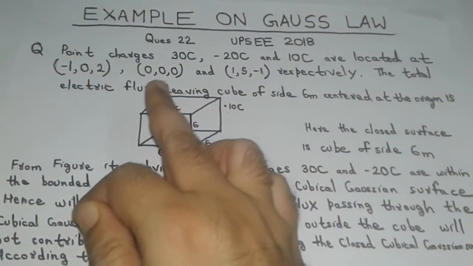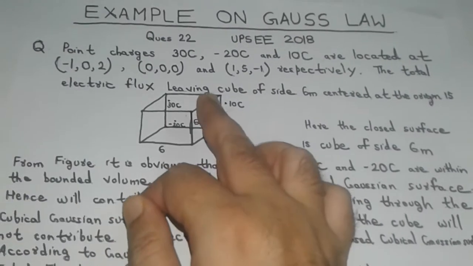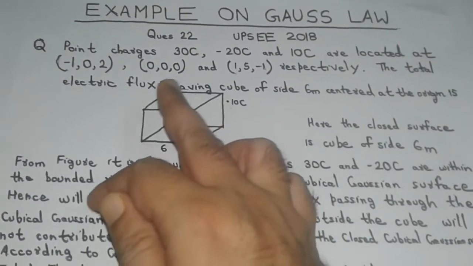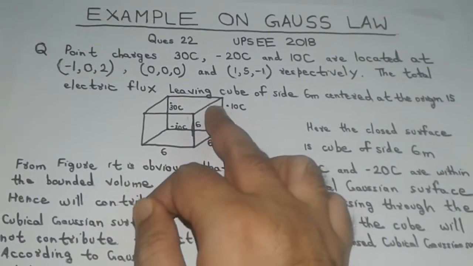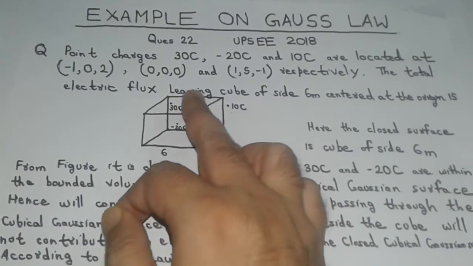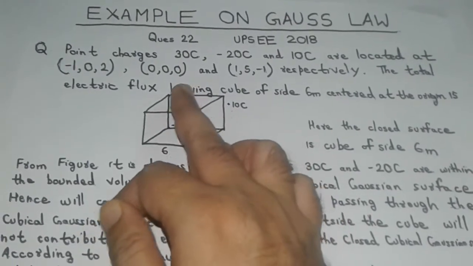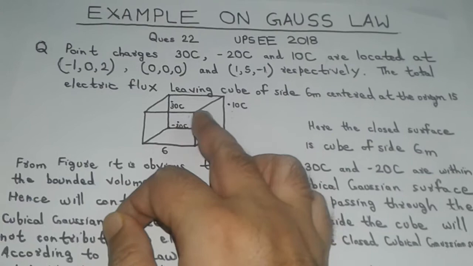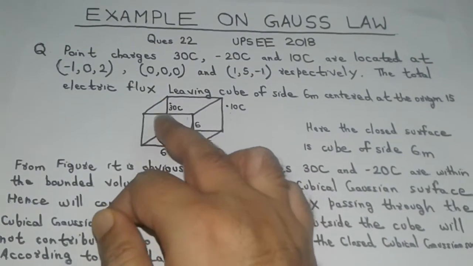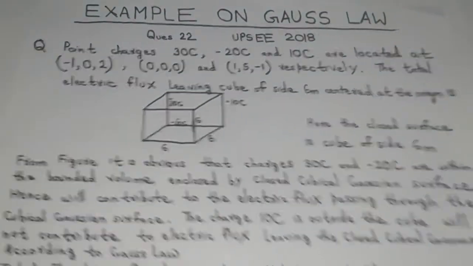Hence the electric flux passing through the closed cubical Gaussian surface is only due to the net charge which is present in the bounded volume and is evaluated as 10 coulomb.